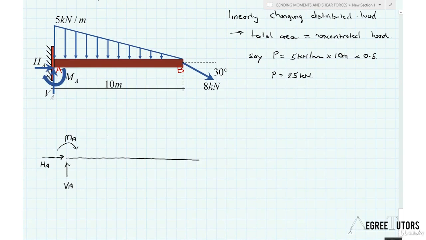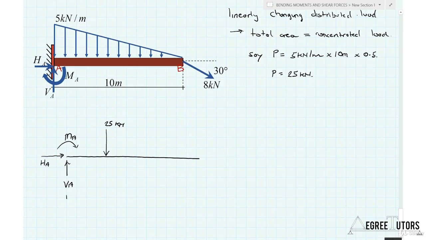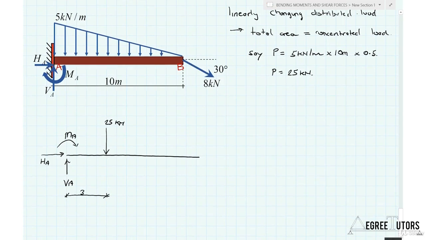Now, if we draw on our replacement for the distributed load, it's 25 kilonewtons, and it acts 1/3 the way along. So if our beam is 10 meters long, this is going to be 3.33 meters, and that is where that load is acting.